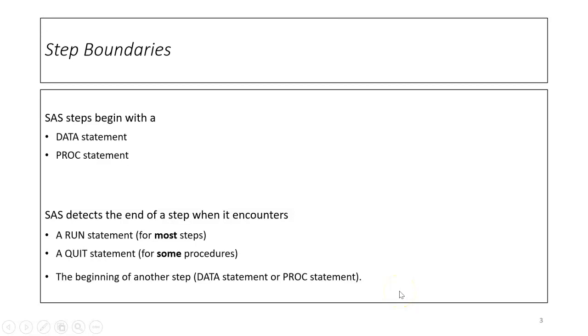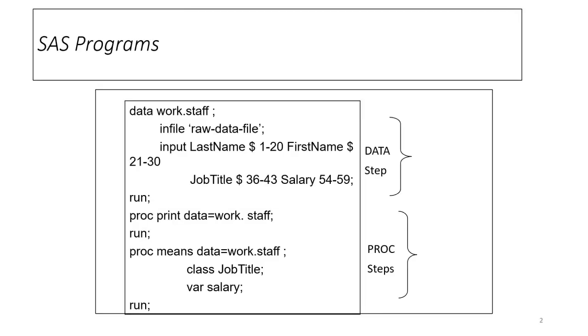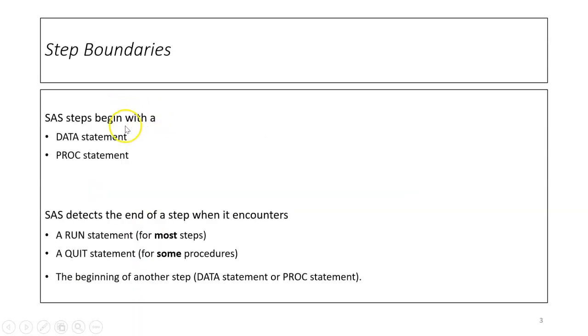Now, step boundaries. SAS steps always begin with a data statement, as I have shown in my last program. A step begins with a data step and ends with a run, and then again a proc step, ending with a run. These are known as step boundaries, the data statement or proc statement.